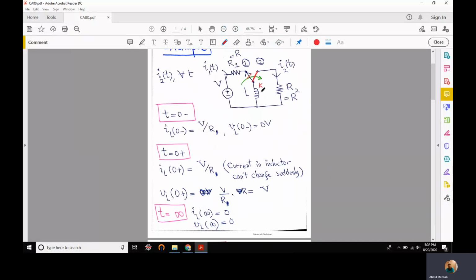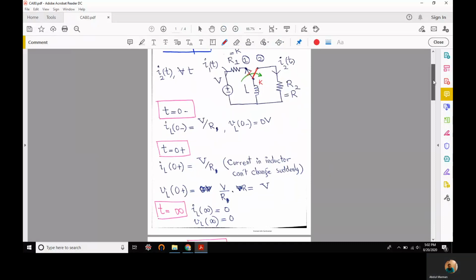As the time passes, it loses its ability to cause a current flow through R2. So the current through R2 decreases and finally becomes 0. And since the current is 0, the voltage drop across R2 and the voltage drop across L are also 0 as the time approaches infinity after we have moved the position of the switch.